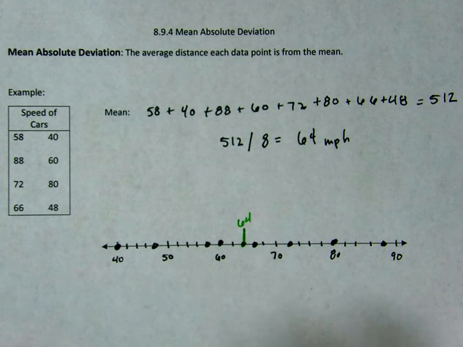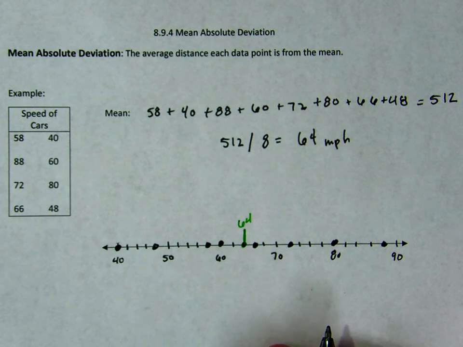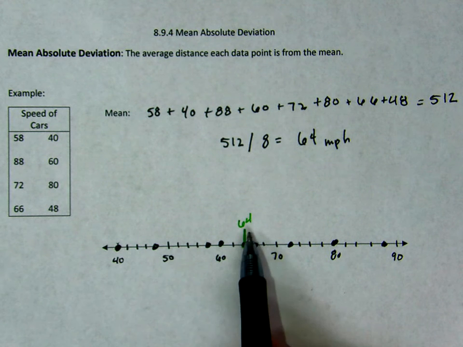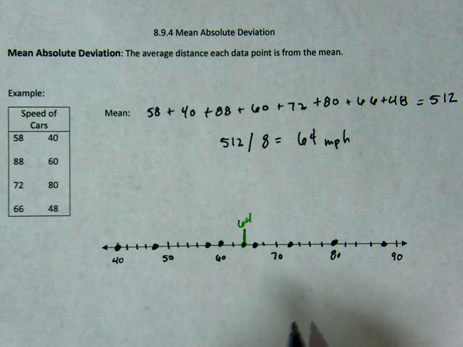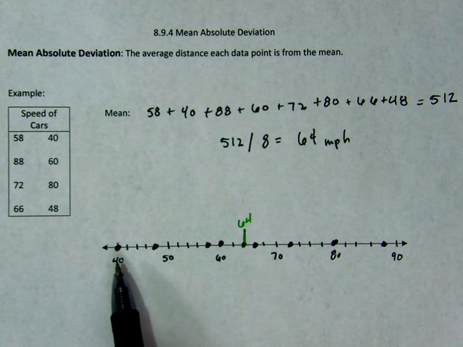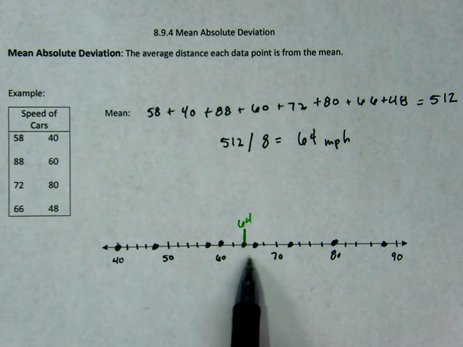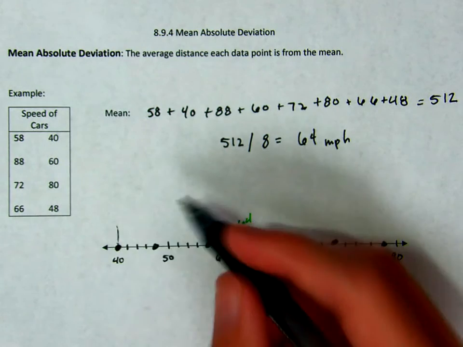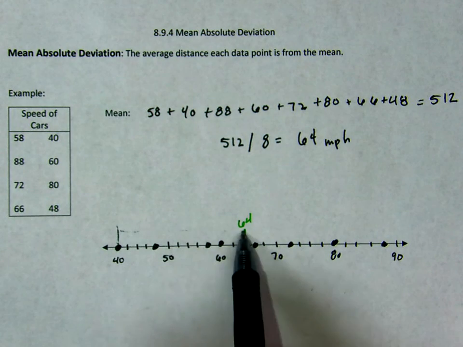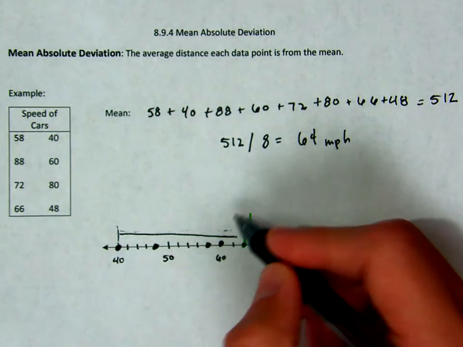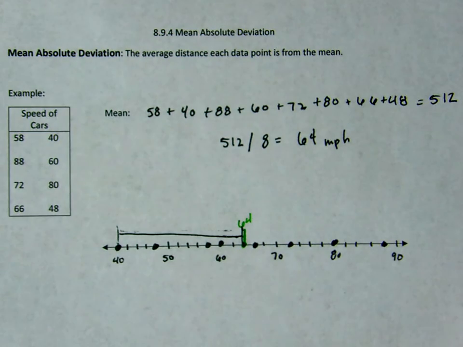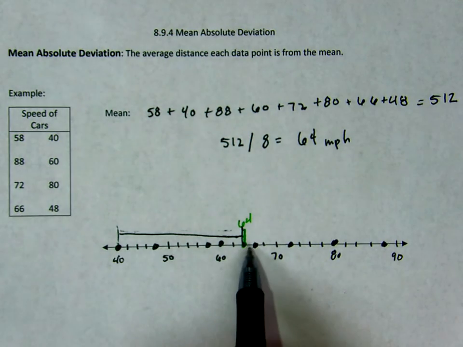Now we want to find the average distance those points are from our midpoint. So what we're going to do first is find the variation. What is the distance or difference between 40 and 64? You can either figure that out on the number line by counting the points, or you can do basic subtraction.